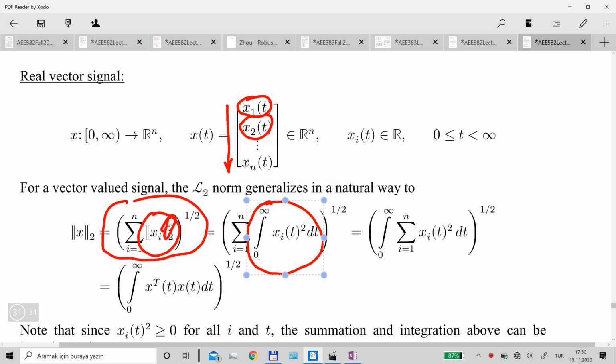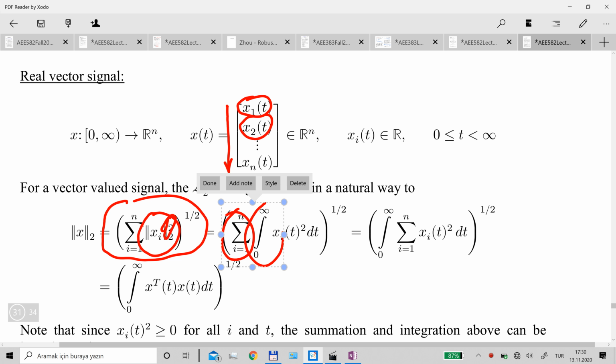Now we can do the following trick. You have a summation, and inside the summation there's an integral. Inside you have these x_i terms, which depend on i, the index for the summation, and on t, the integration variable for the integral in between.